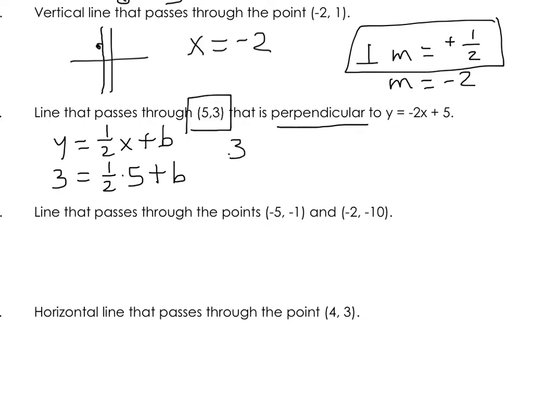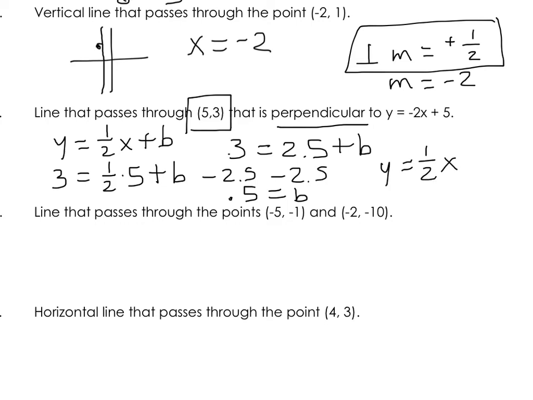So we have 3 equals 2.5 plus b. And we subtract 2.5 from both sides, and we get 0.5, or 1/2, equals b. So our equation is y equals 1/2 x plus 1/2.